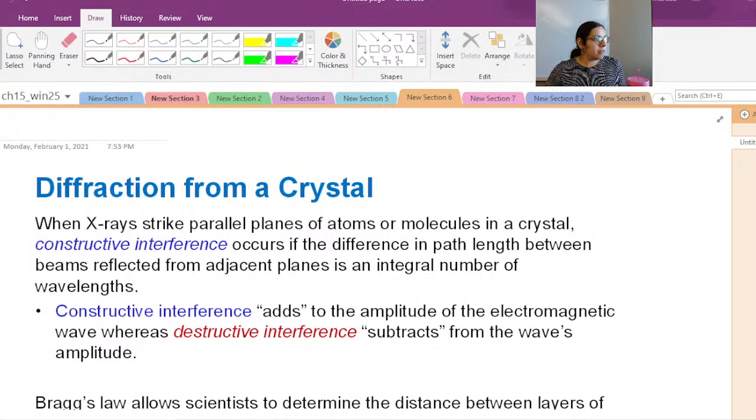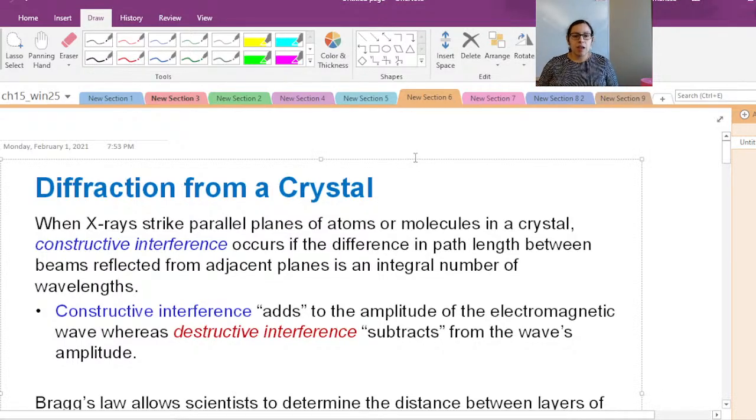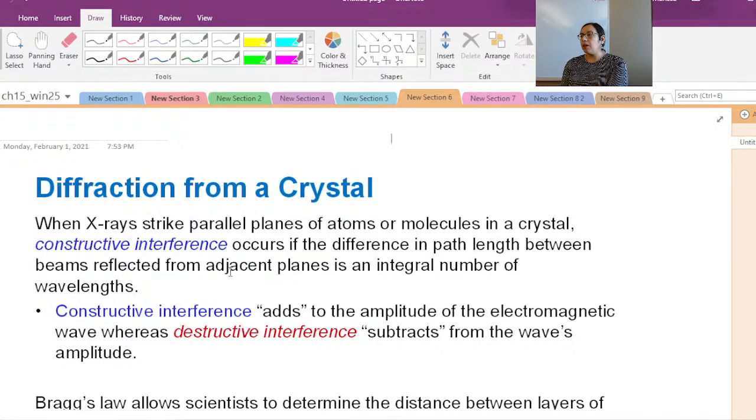All right, let's finish up this chapter. Now we've switched to solids, and we want to talk about how we characterize solids. I may have mentioned this before in class, but when we make a new material, we have to characterize it.